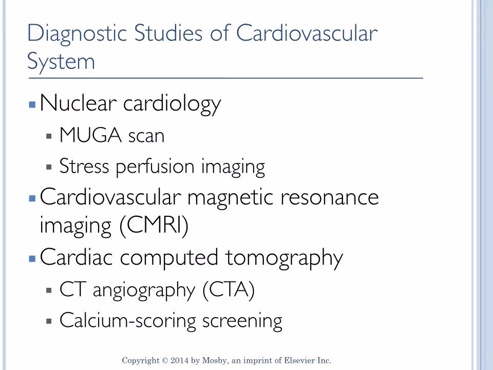It is sensitive enough to even find small MIs that are not visible through cardiac computed tomography. So cardiovascular MRI is helpful in even detecting a small MI or small injured tissue in the heart.